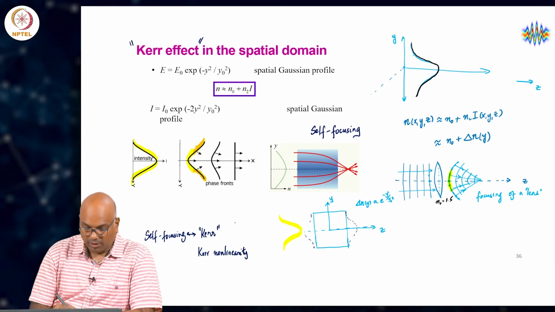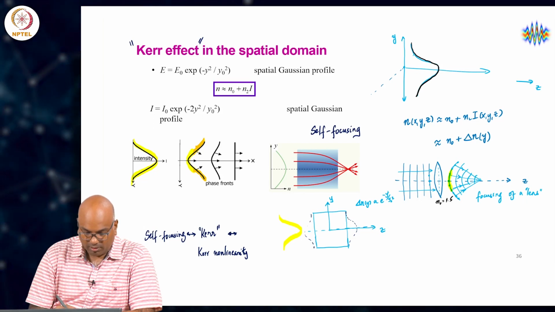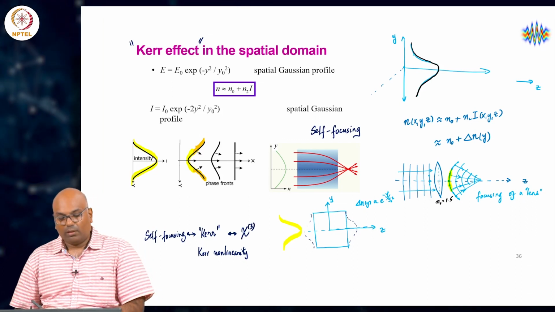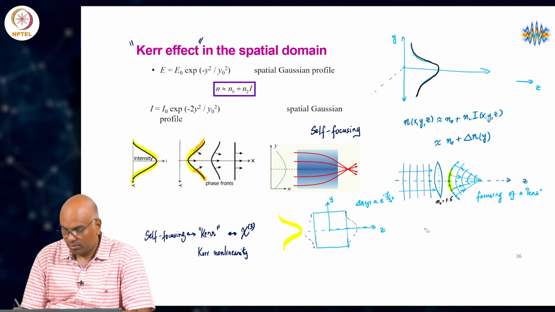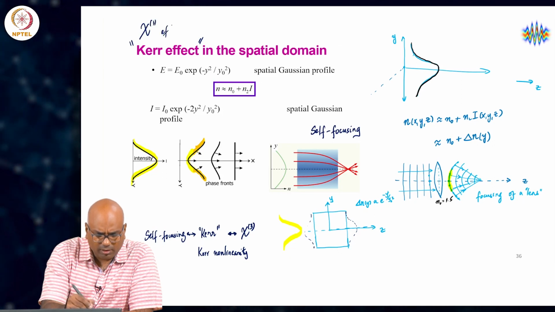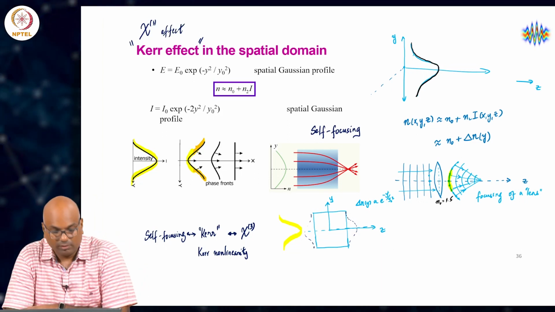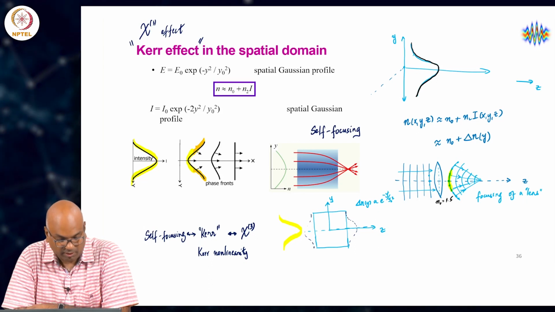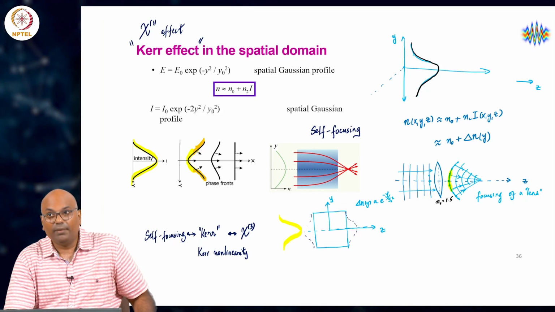So, Kerr therefore refers in nonlinear optics to chi3 effects. So, Kerr effect is a chi3 effect. Okay, this is not the Kerr of the black hole physics fame, this is a different Kerr, I think. So, Kerr effect refers to this idea.